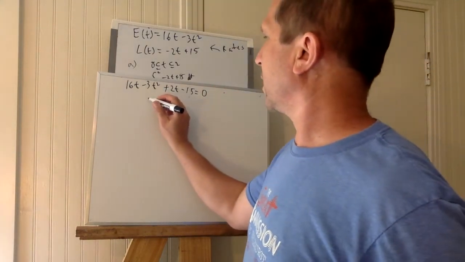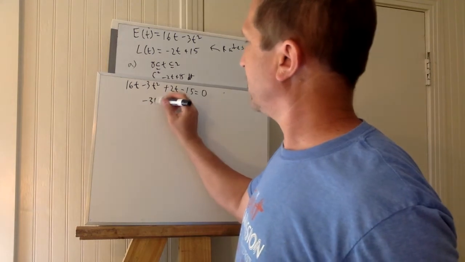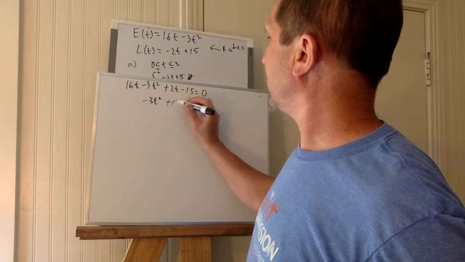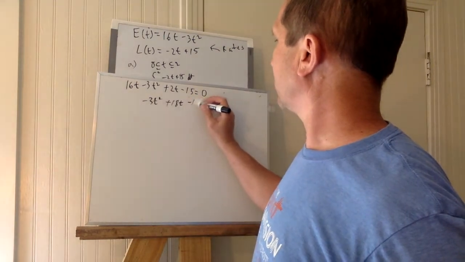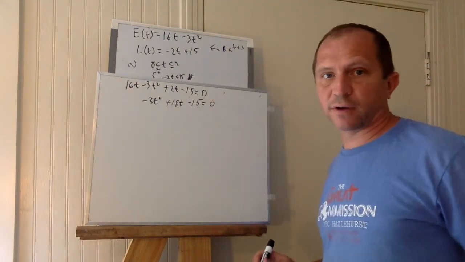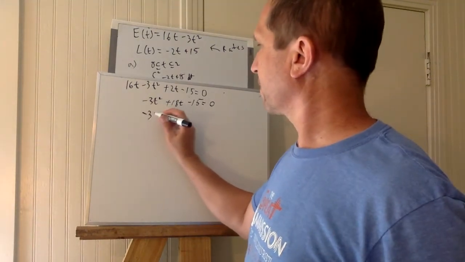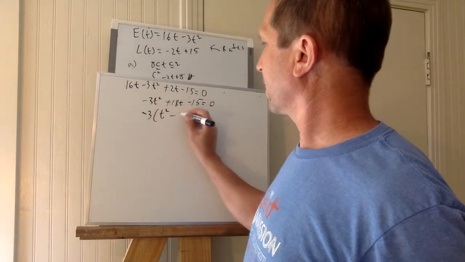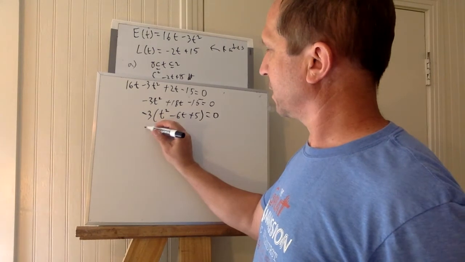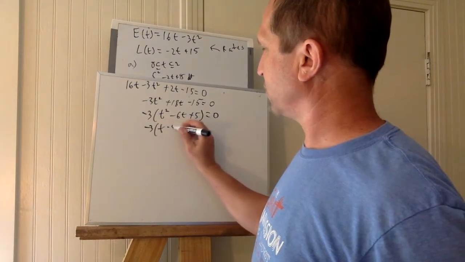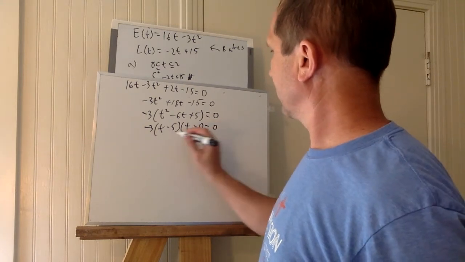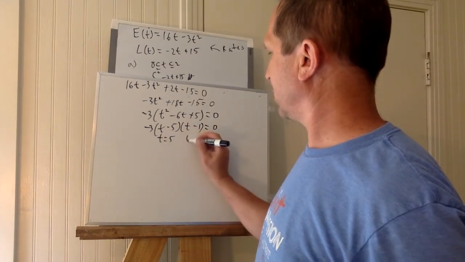So from here we get negative 3t squared plus 18t minus 15. And we can factor out a negative 3. And this becomes negative 3 times t minus 5 and t minus 1. So t equals 5 and t equals 1.